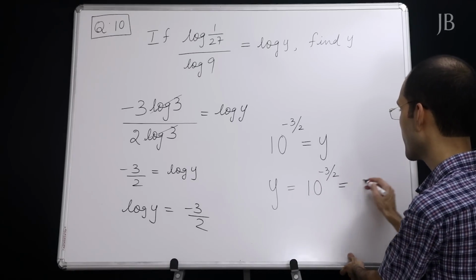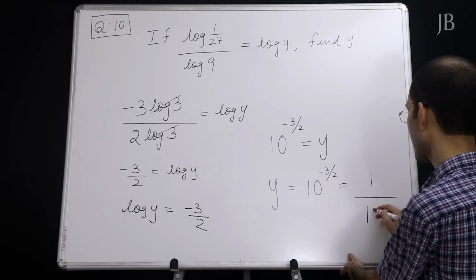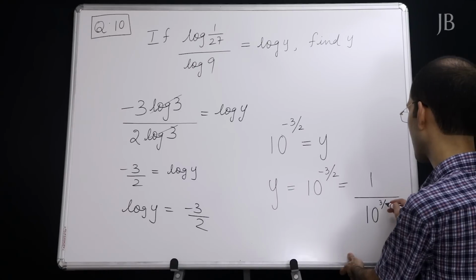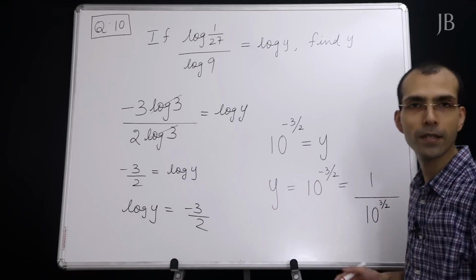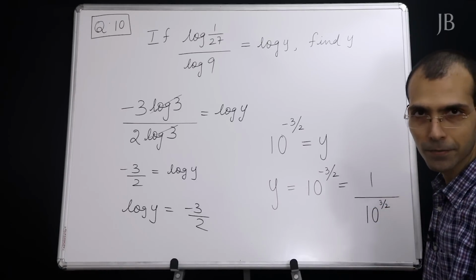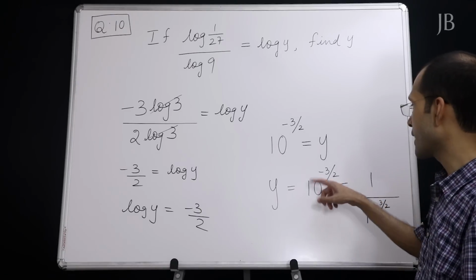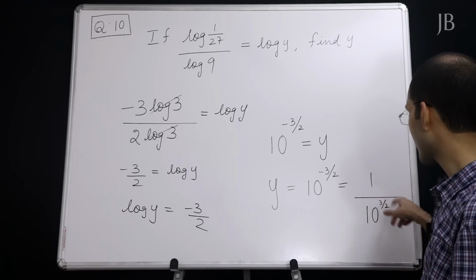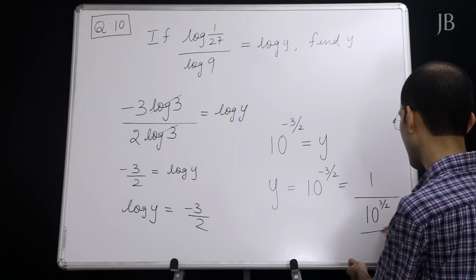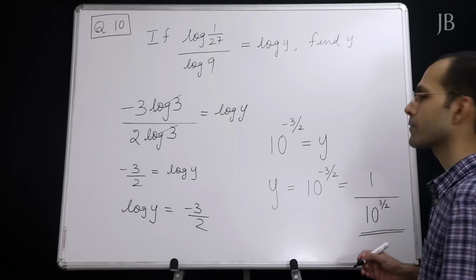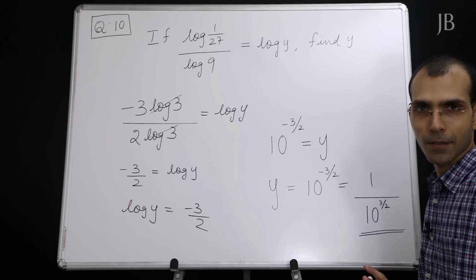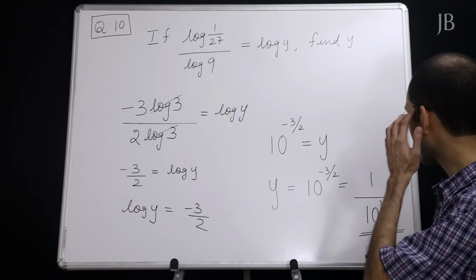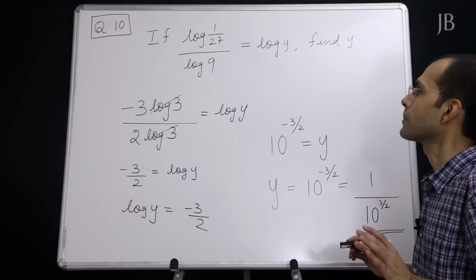So this will be 1 upon 10 raised to 3 by 2. Comfortable with this? So a raised to minus m will be 1 upon a raised to m, and we can leave the answer in this format. Okay, so this completes your sum.